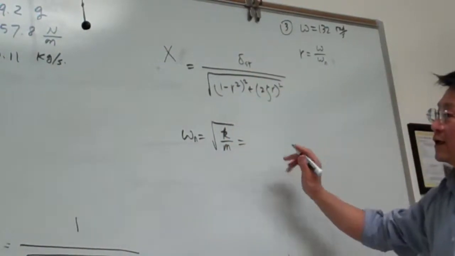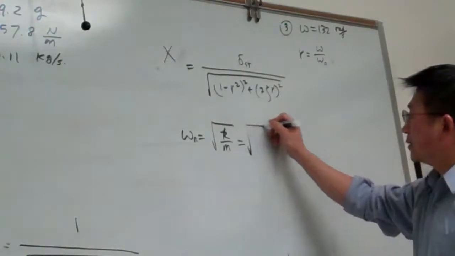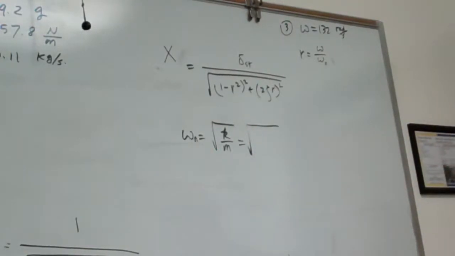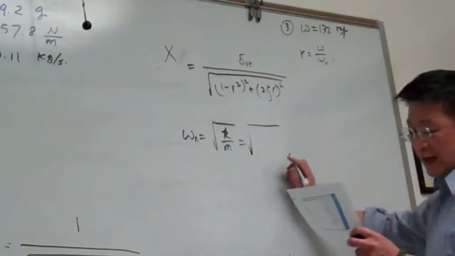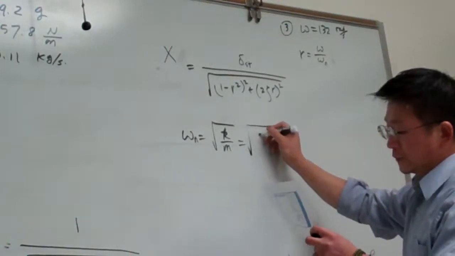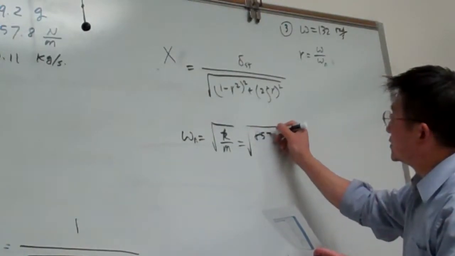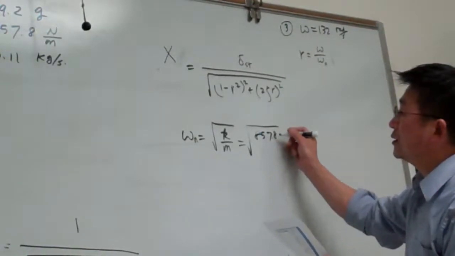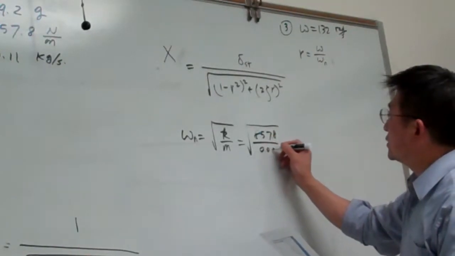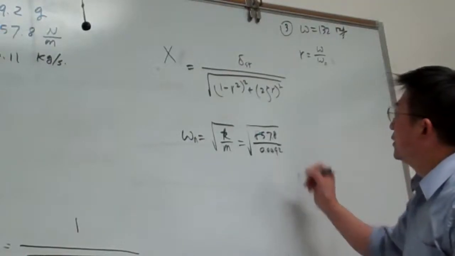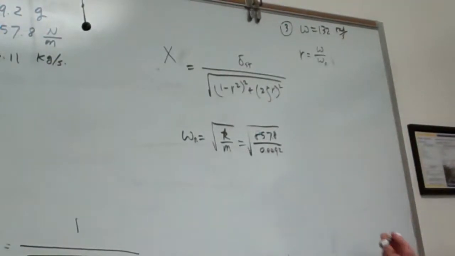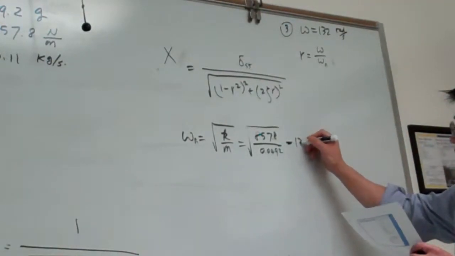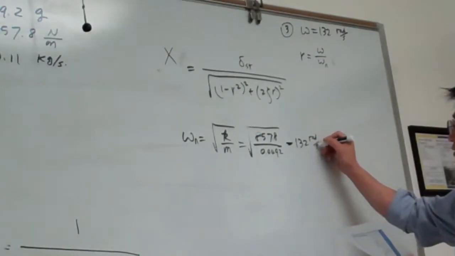We plug in the k value and the m value, and pay attention to the unit conversions. That will be equal to 457.8 divided by 0.0492. Again with the unit conversions, this will be equal to 132 radians per second.